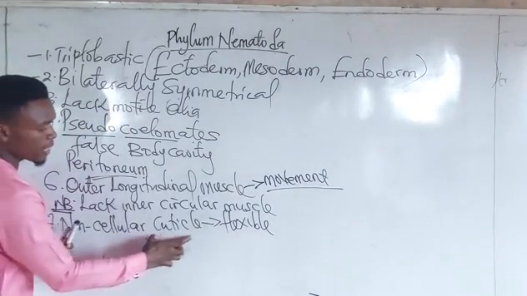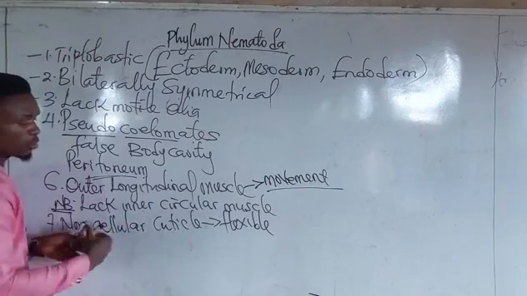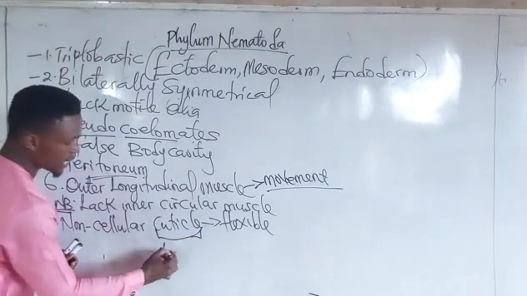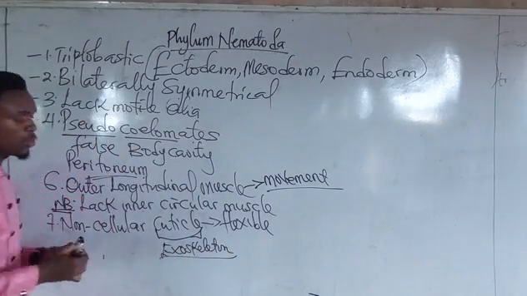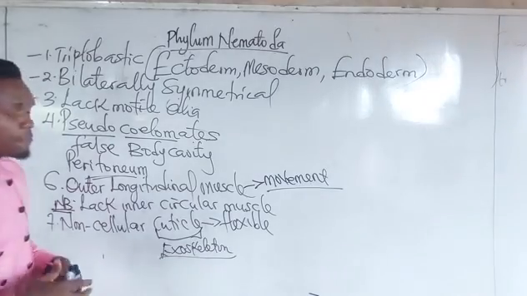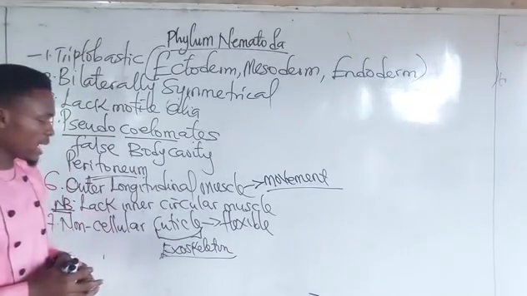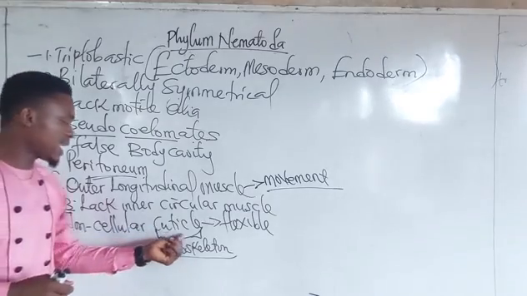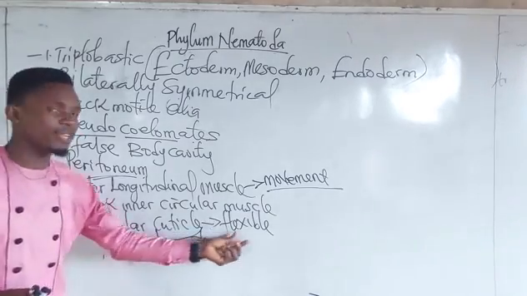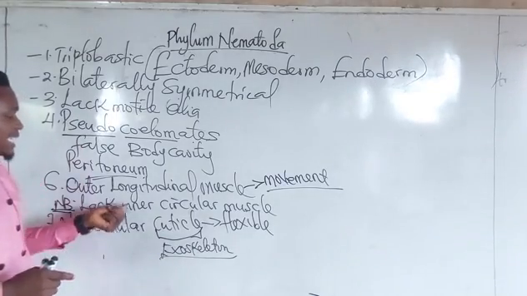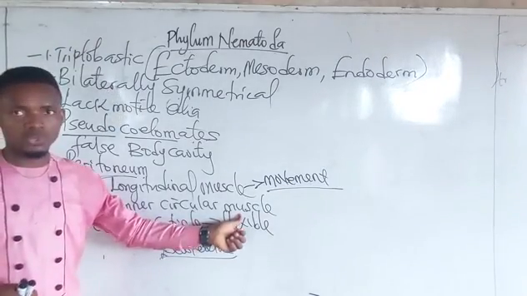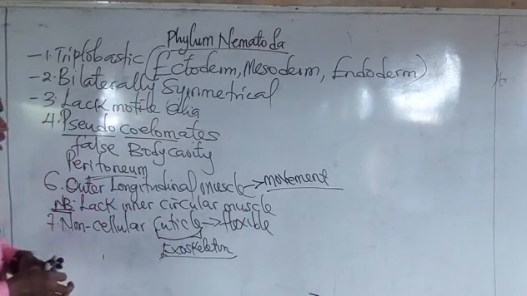Now this type of structure is like an exoskeleton. You know, exoskeleton is a type of skeleton found in the insect. However, these organisms have a cuticle, which is flexible and non-cellular. Take note of that. They lack inner circular muscle.